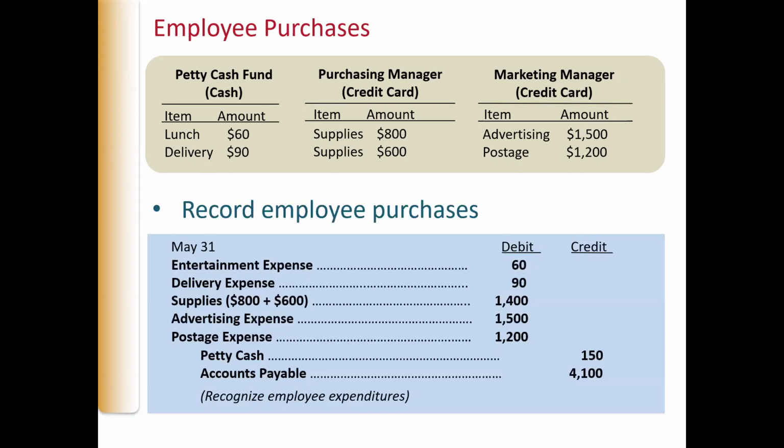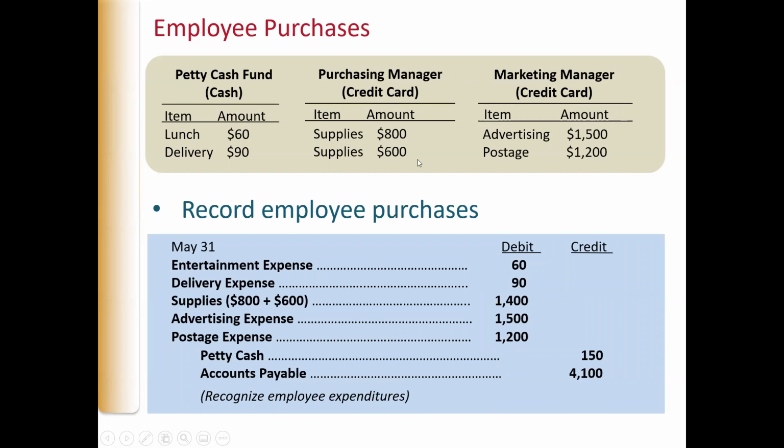Here you see, we look at lunch, entertainment expense for 60, and a delivery expense for 90. This is for the petty cash, so that 150 gets credited against petty cash. Then we take our $1,400 of supplies from the purchasing manager and debit advertising expense here for $1,500 and postage expense for $1,200.